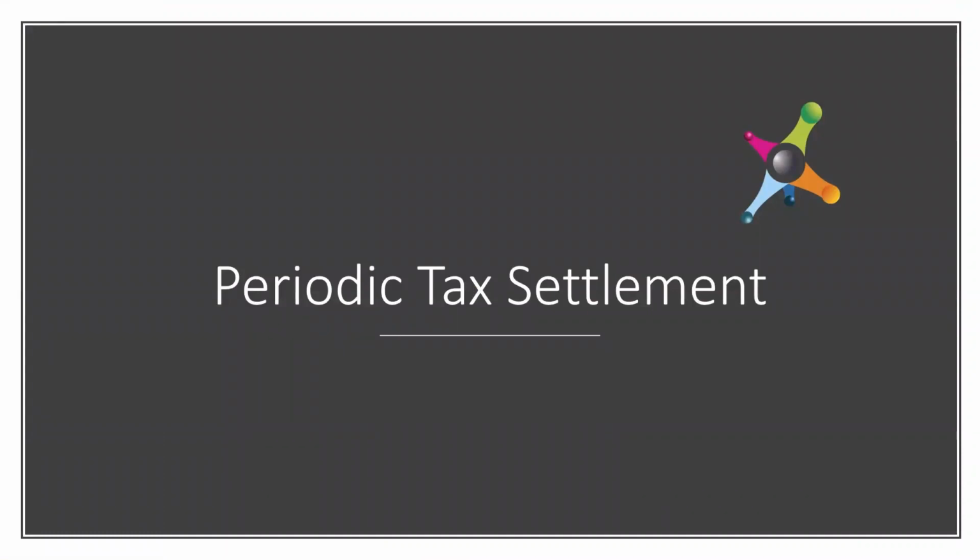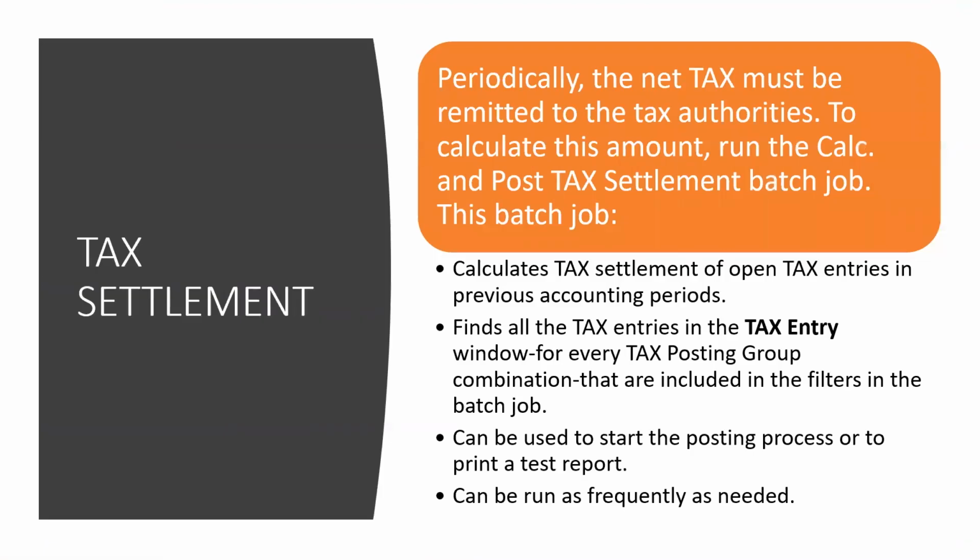Last but not least, when it comes to my taxes, I need to perform the settlement of the taxes, which means that periodically the net tax must be remitted to the tax authorities. To calculate these amounts, we run a specific functionality that we call the post-tax settlement batch job. First of all, this is the automation for you.